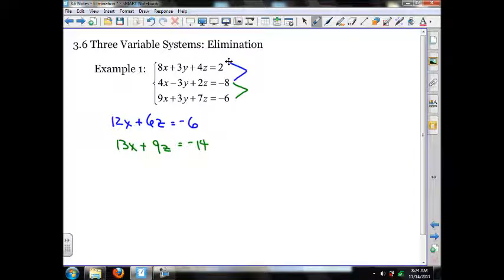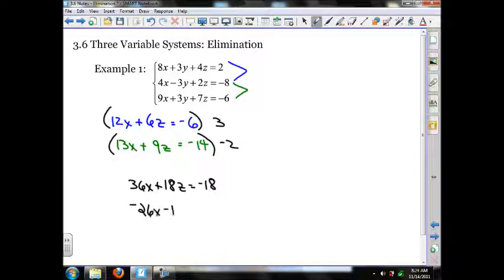I'd multiply this one by 3, and this one by negative 2. Once I get x, where do I go?